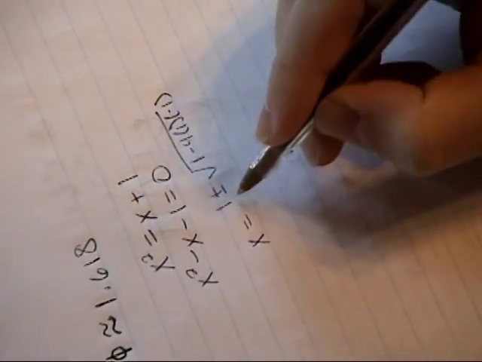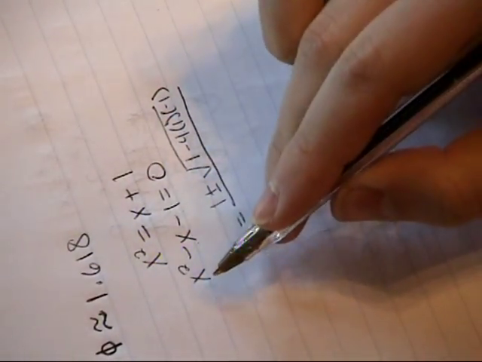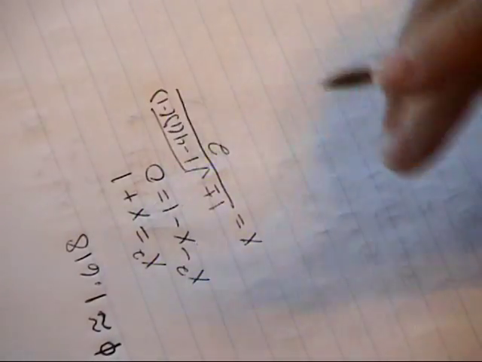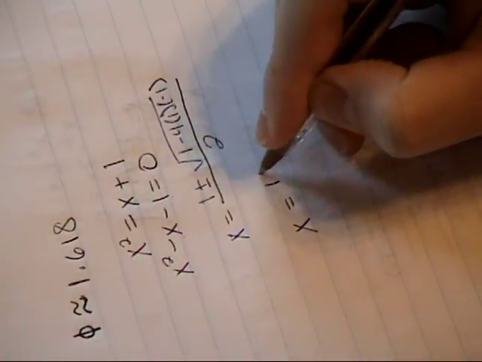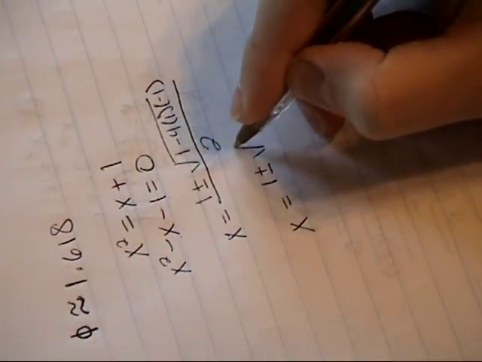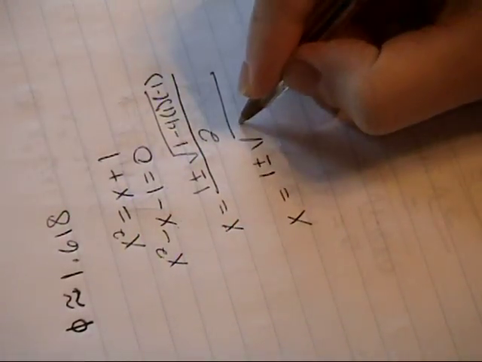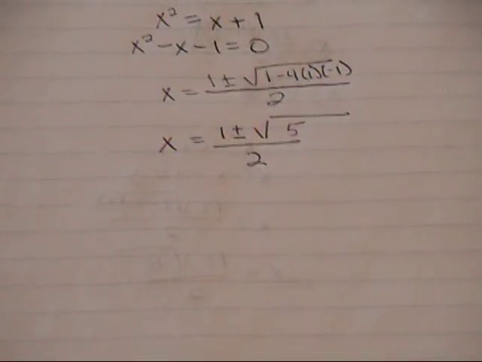The quadratic formula basically does stuff with the coefficients 1, negative 1, negative 1, and then divide by 2. So x equals 1 plus or minus the square root. This is negative 4, so 1 minus negative 4 is 5, over 2. 1 plus or minus root 5 over 2. Quadratic equation always has 2 answers.